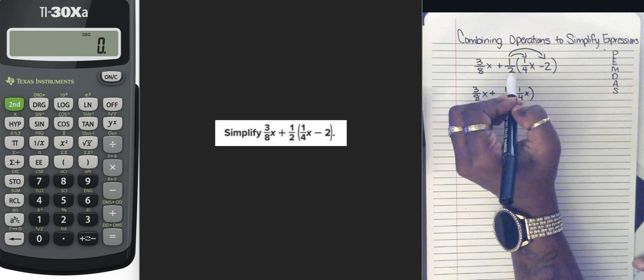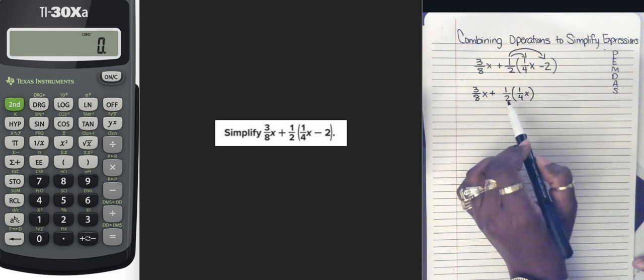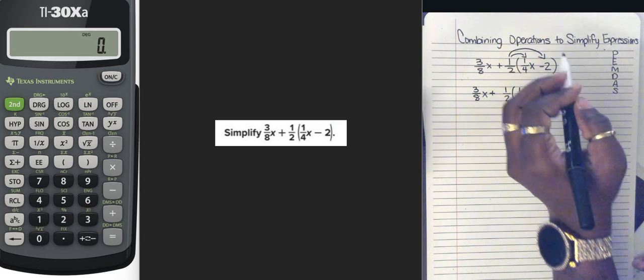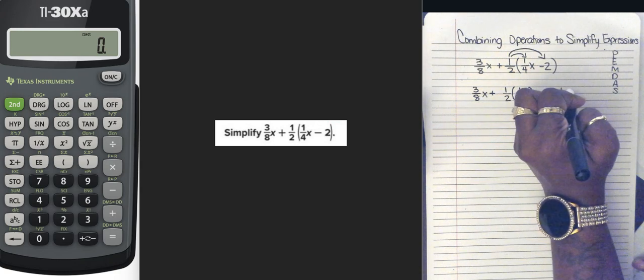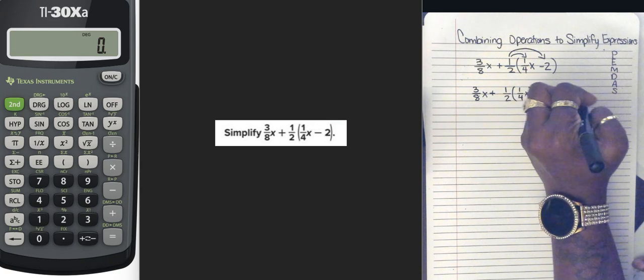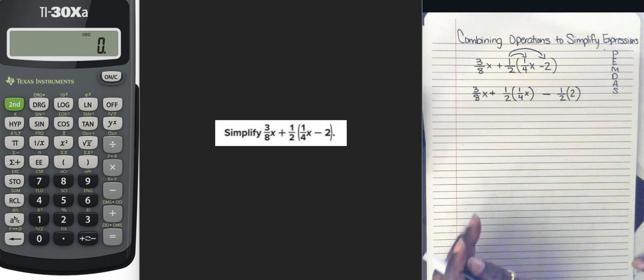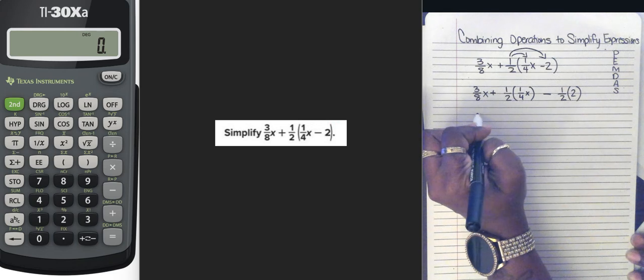That's a positive and a positive, which means that we should have a positive in the middle. And then here we're going to have 1/2 times -2. So I'm going to put 1/2 times 2. And then we have a positive and a negative, which means that this is going to be a negative. Okay.